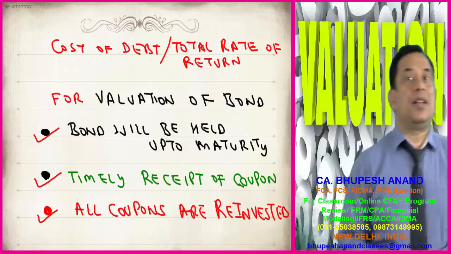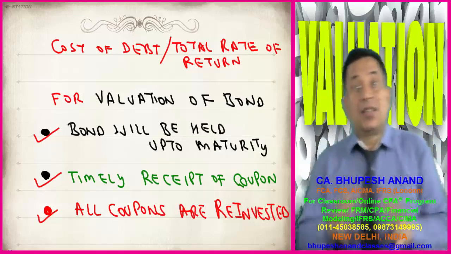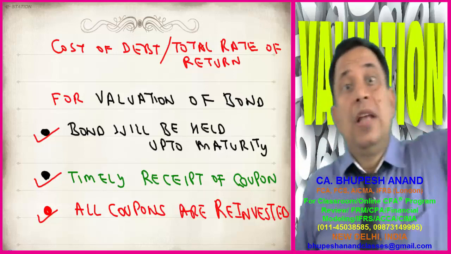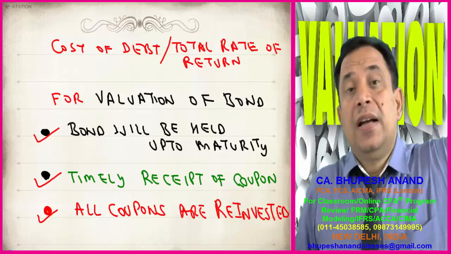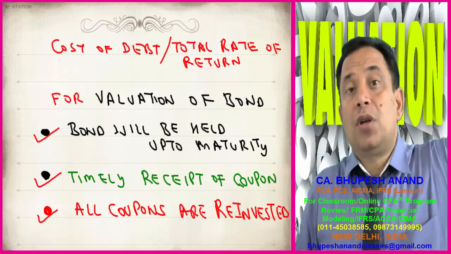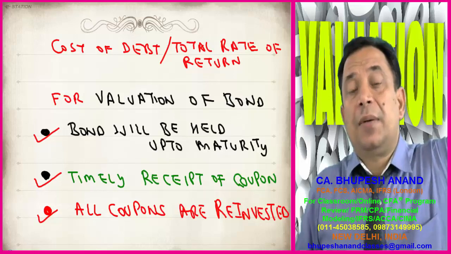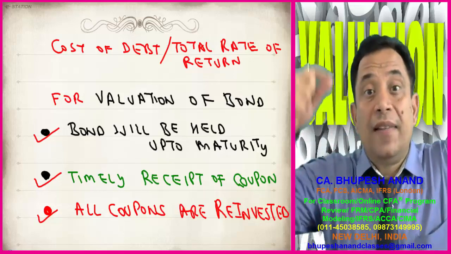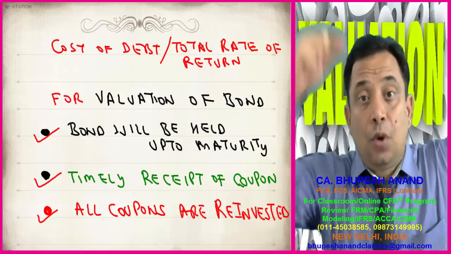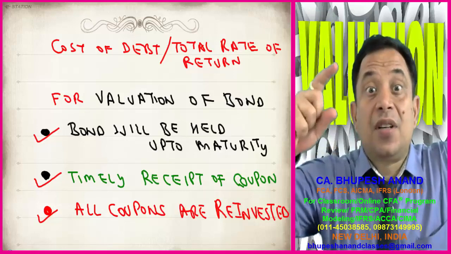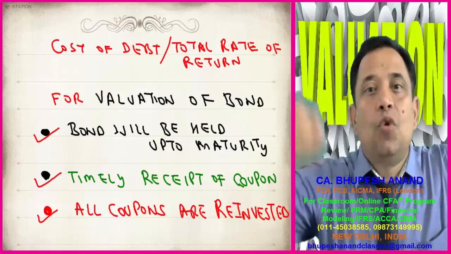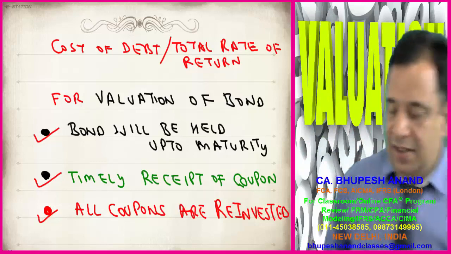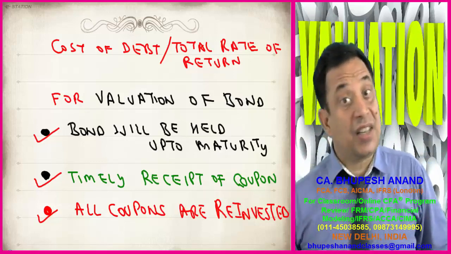For the discounting rate which we used in the last lecture for coupon bonds, we assumed that the holder will be holding that bond up to maturity. Second, the coupon amount is received on time, and third, the coupon amount is being reinvested. So these are the 3 assumptions.